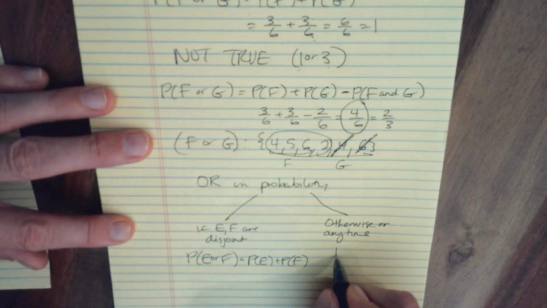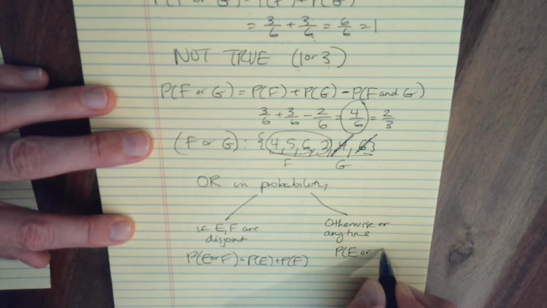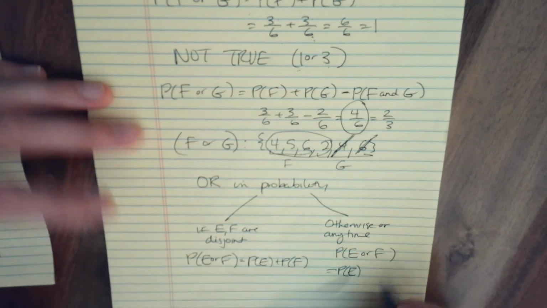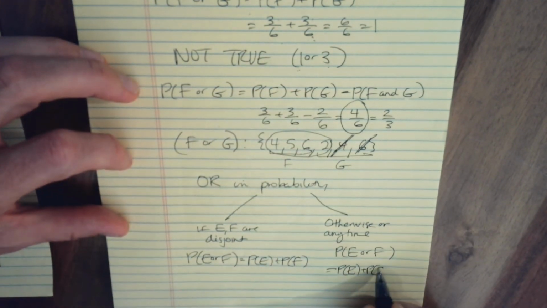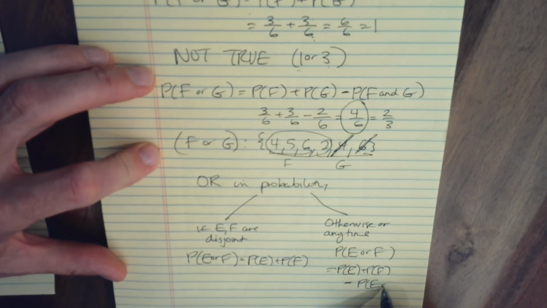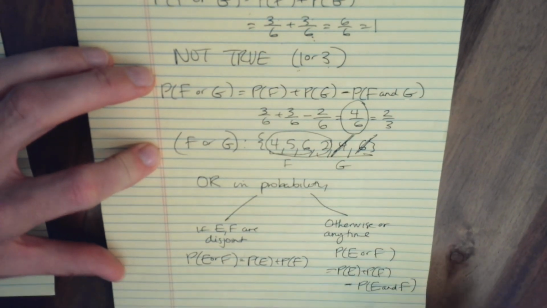If you want the probability of E or F, we'll take the probability of E, add the probability of F, and then subtract the probability of E and F.